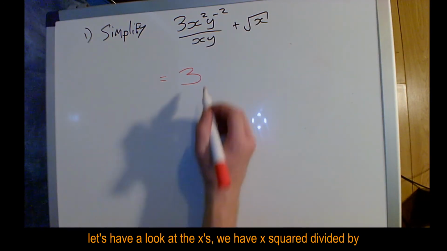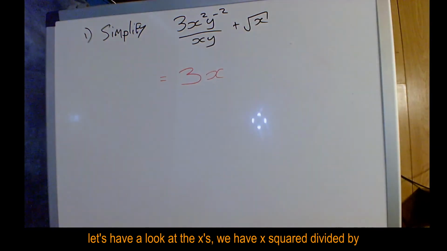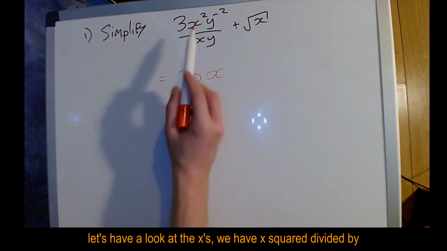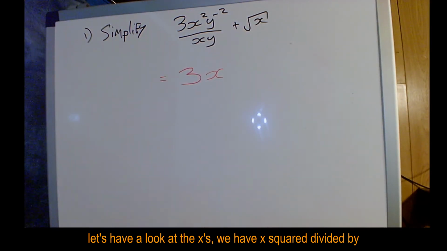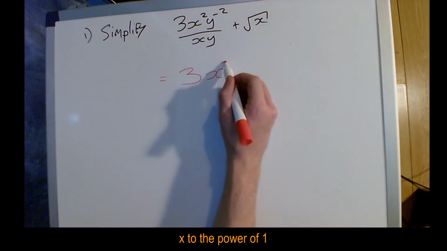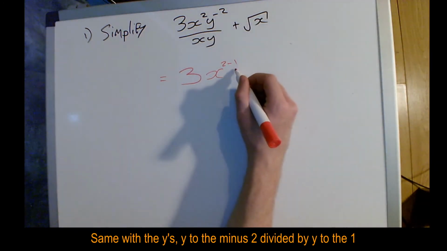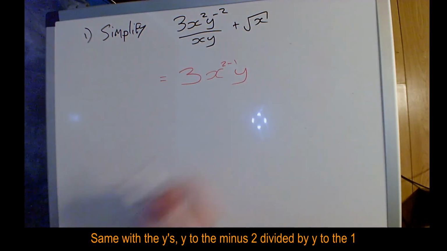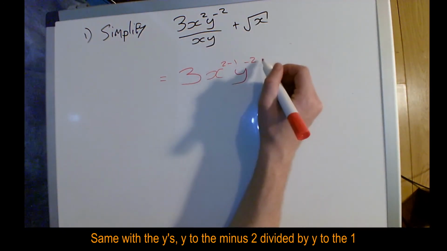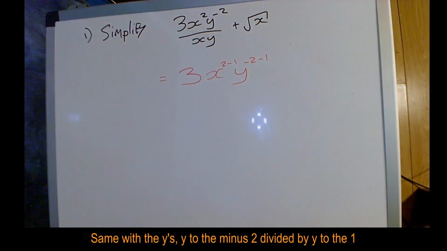Let's have a look at the x's. We have x squared divided by x. X to the power of 2 divided by x to the power of 1. Dividing powers, we take the powers away from each other. Same with the y's. Y to the minus 2 divided by y to the 1.